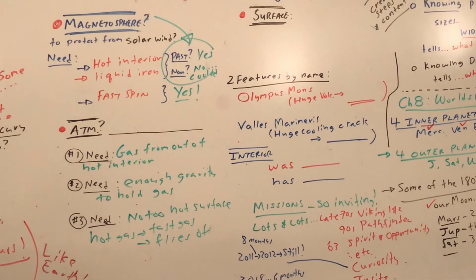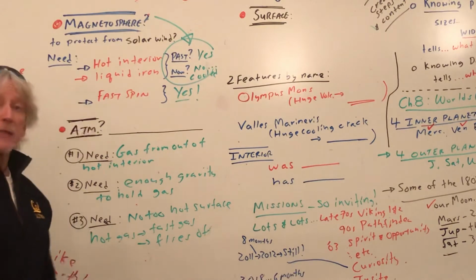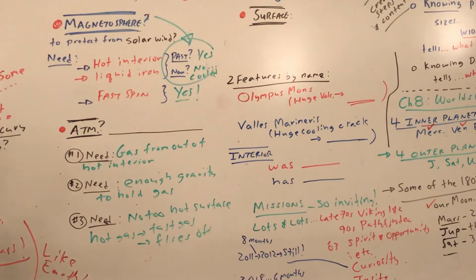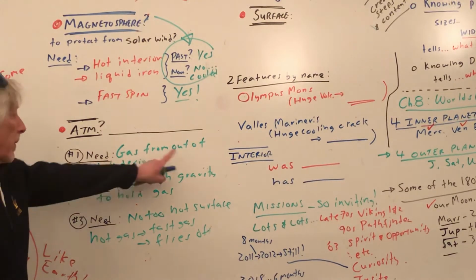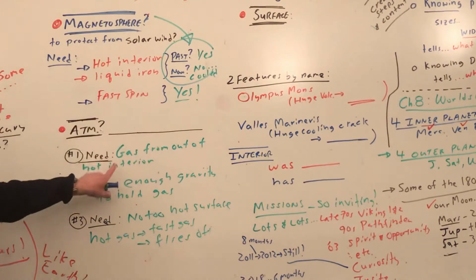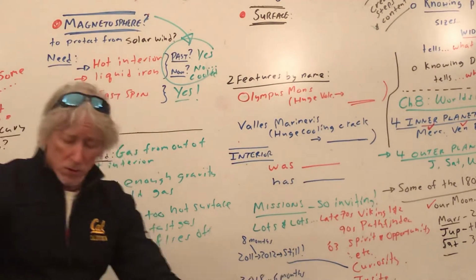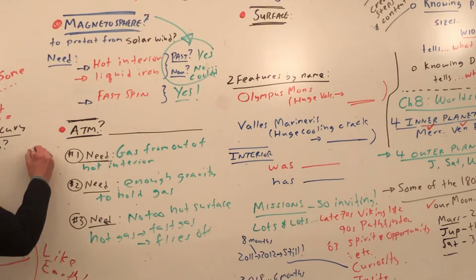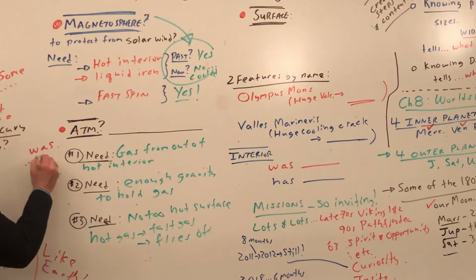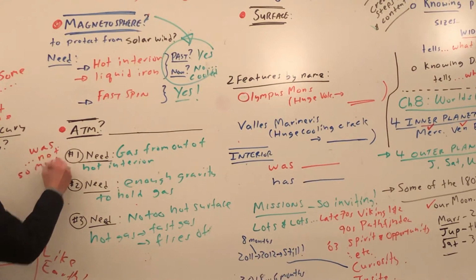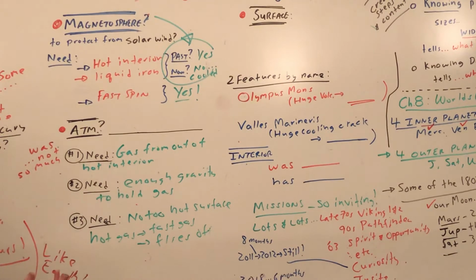All right, so atmosphere. Well, let's do our checklist. Let's think about what logic would tell us, and then go explore and find out if we're missing something. Gas from out of the hot interior. Well, it was hot. So that informs, and because of size, right? So, okay, not so much now. Enough gravity to hold?